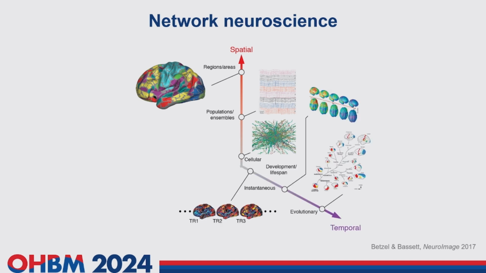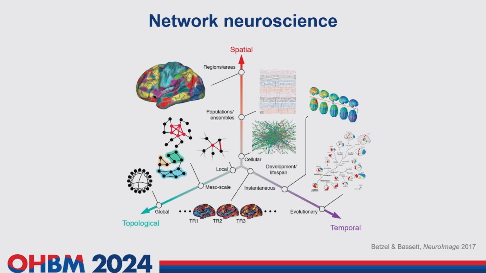We can study changes across a range of temporal scales, from fast dynamics at the millisecond level all the way through to very slow changes across evolutionary timescales. And we have network measures that allow us to capture connectivity across a range of topological scales, or scales of network organization, from the local level of individual nodes and edges all the way through to whole brain networks.